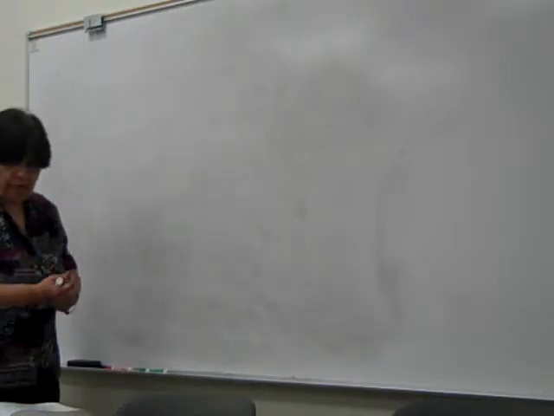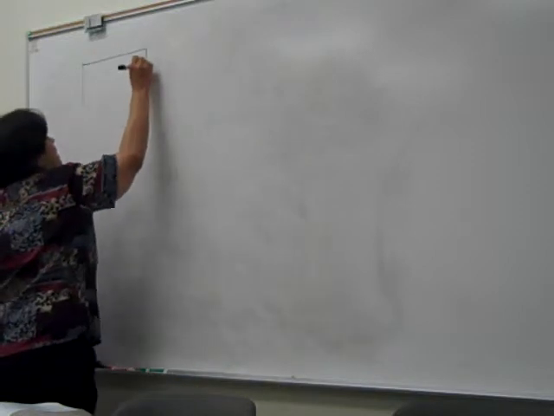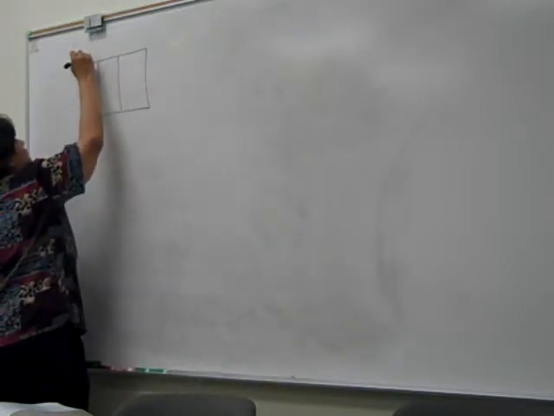Let's do problem number 18 in your book. It says, a sample taken in 3 cities. So we have 3 cities: Anchorage, Atlanta, and Minneapolis. So location 1, 2, 3.